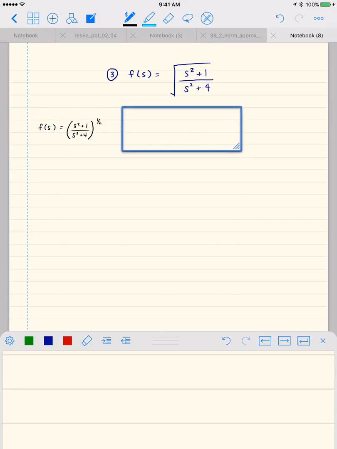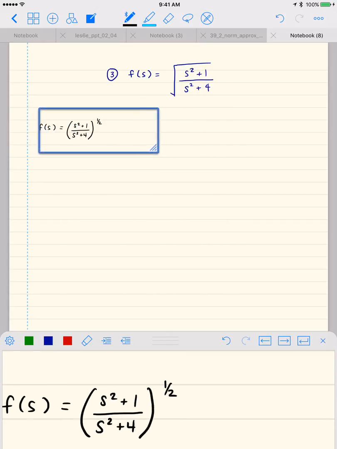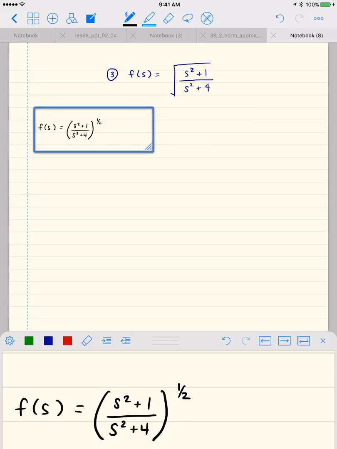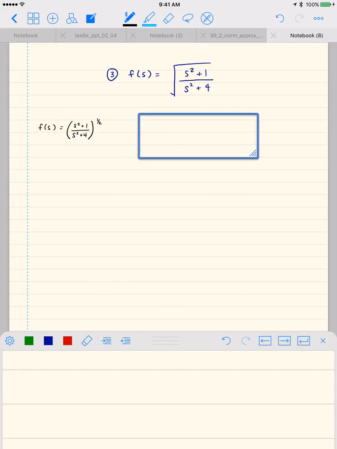Okay, so now I can see, looking at this, that I've got an outer function of s to the 1/2, and an inner function of s squared plus 1 over s squared plus 4.